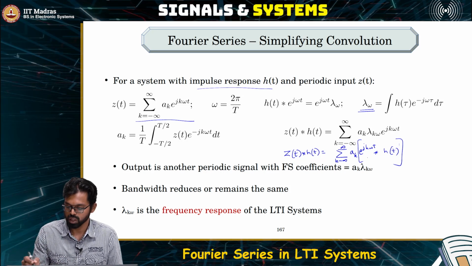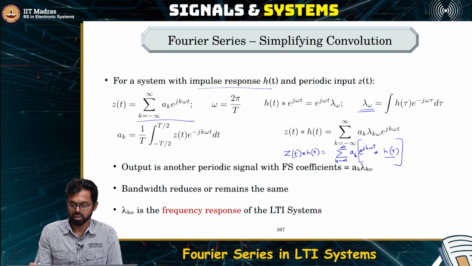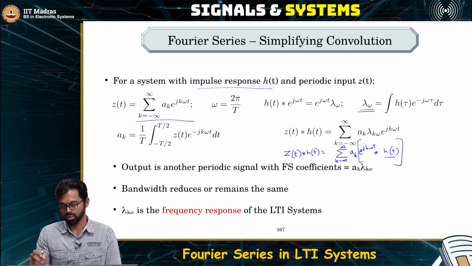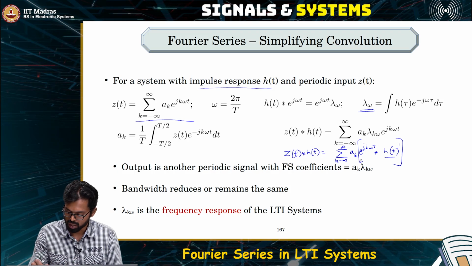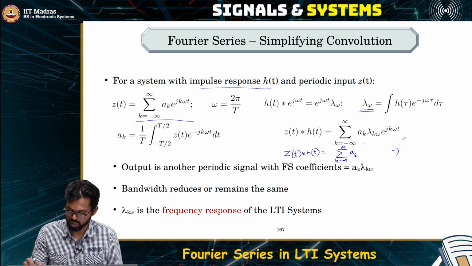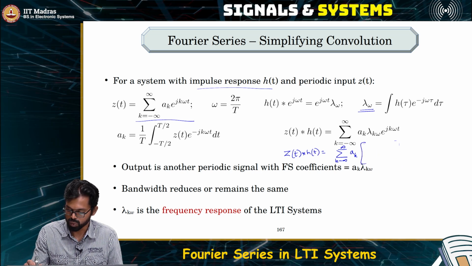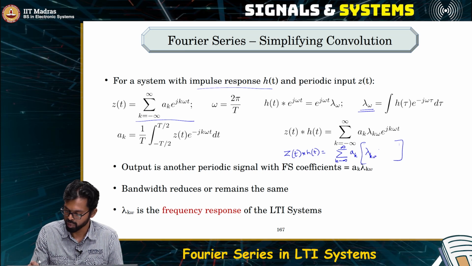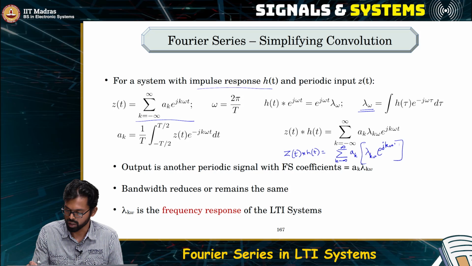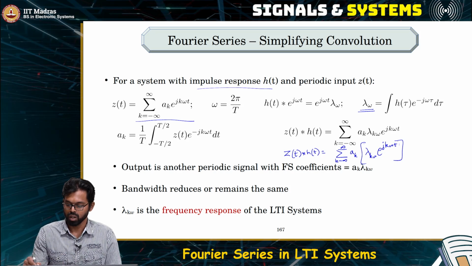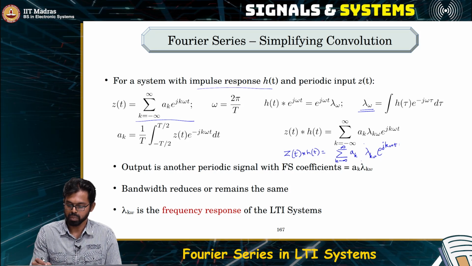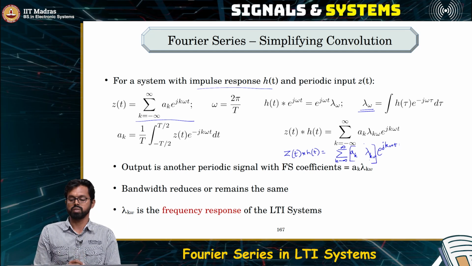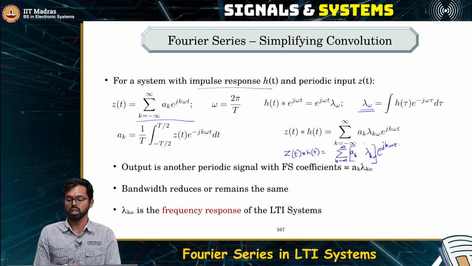And now essentially we are just convolving the impulse response with the complex sinusoid, which is the eigenfunction of convolution, which means we can replace this entire convolution here with lambda k omega times e power j k omega t, and we will get the output. So the output now simply becomes the multiplication of the Fourier series coefficient with the eigenvalues of this system.